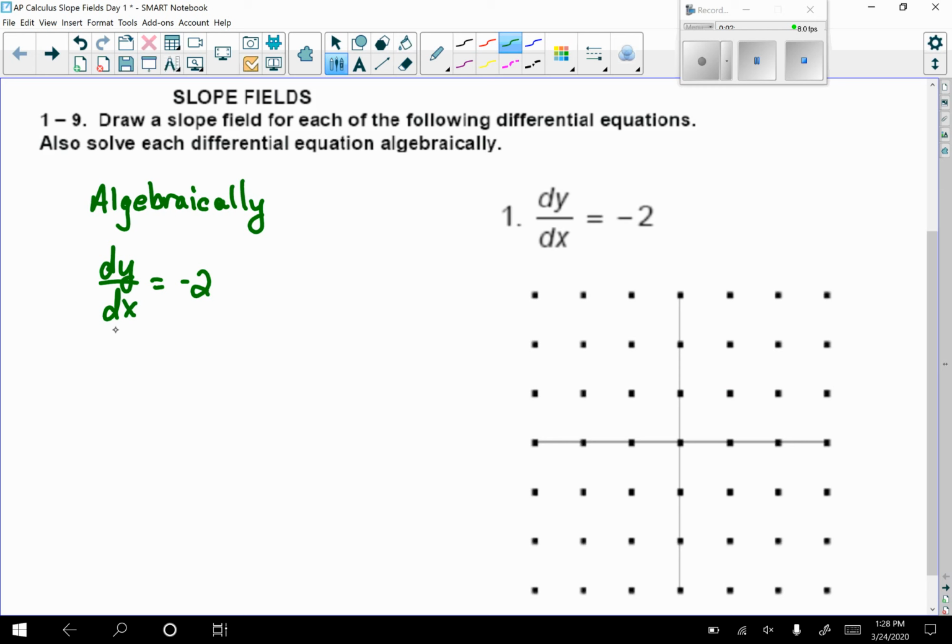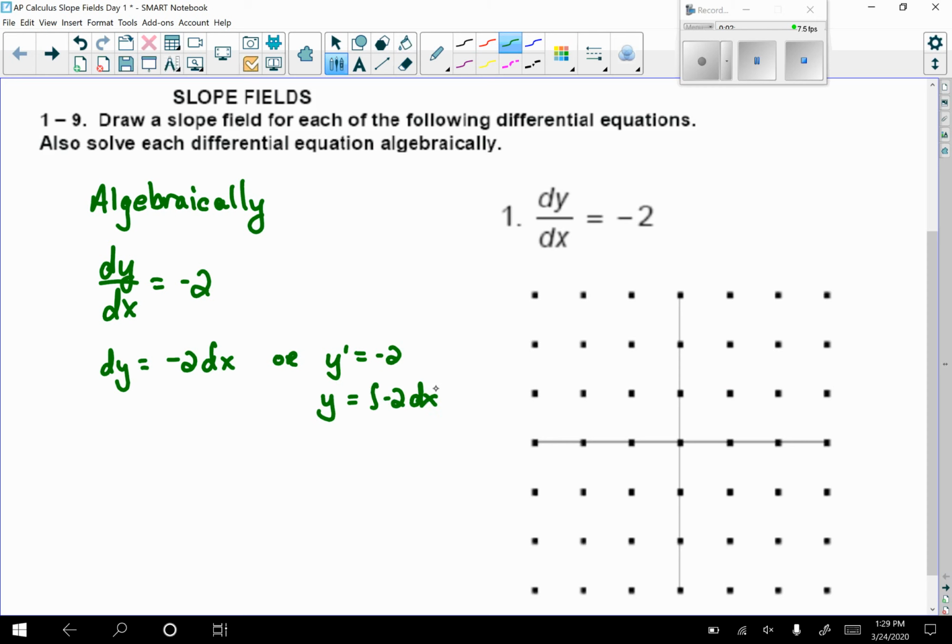So what we could do is, there's not really a need to separate variables here because we don't really have variables, but we can have just dy is equal to -2 dx, or we could start with saying y prime is equal to -2, therefore y is going to equal the integral of -2, and then don't forget to put that dx.